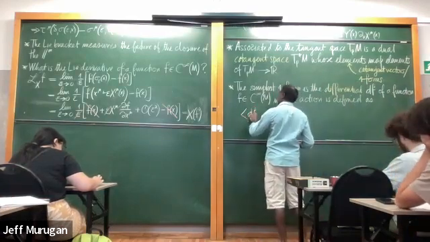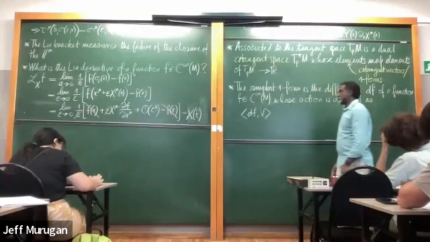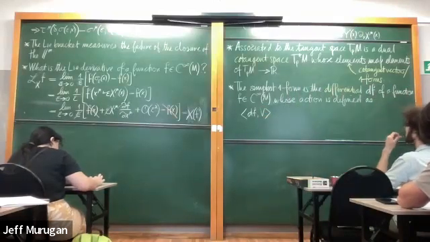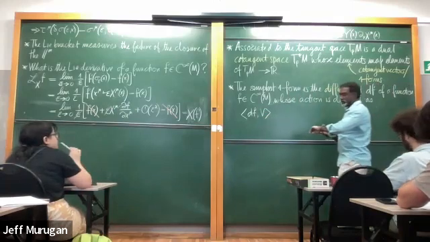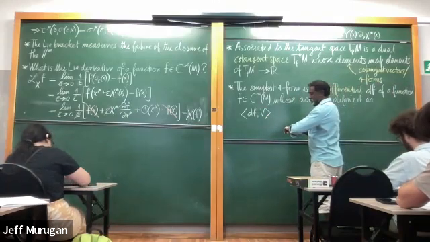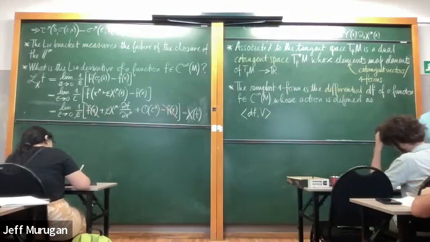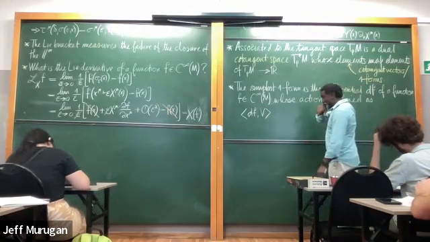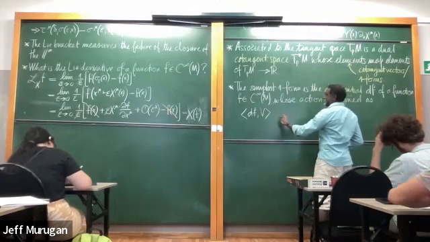Then df inner product v, not really an inner product. Typically, when we talk about inner products, we talk about inner products in the same space. The duality between the cotangent space elements and the tangent space element.